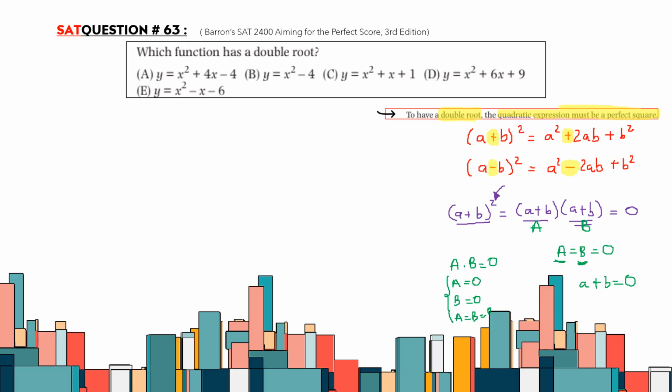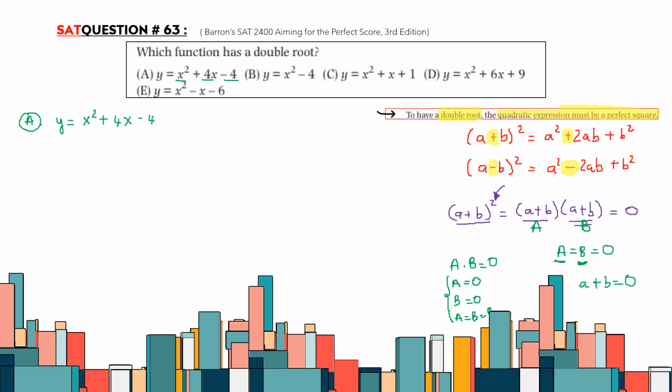Alright, so let's look at this one. We have x squared plus 4x minus 4. Let y equal x squared plus 4x minus 4.